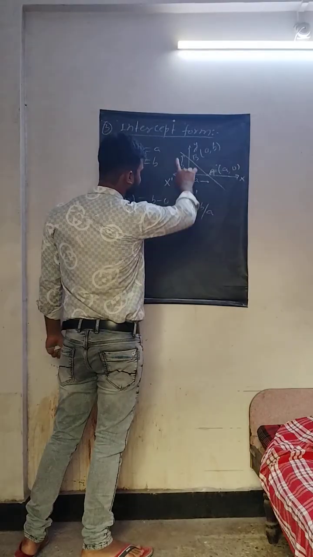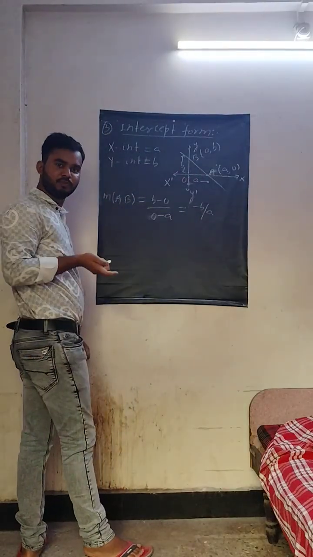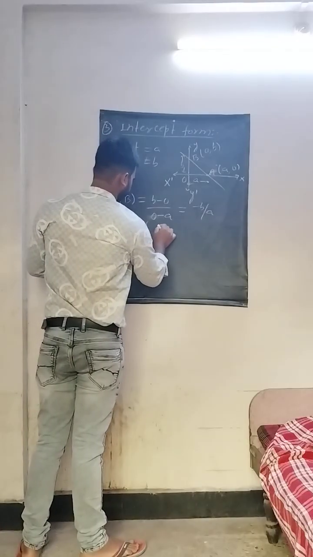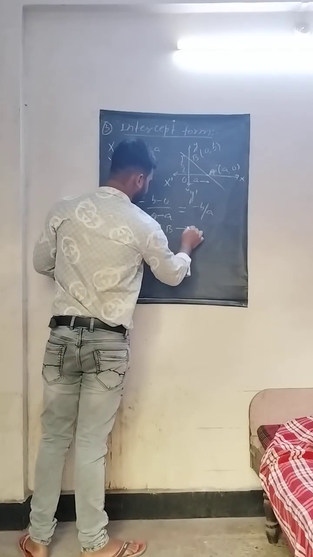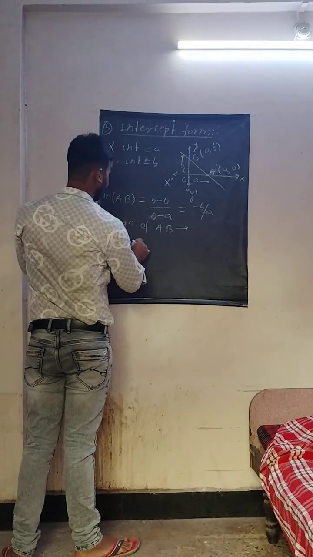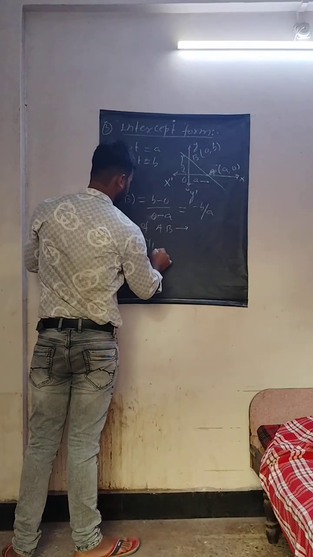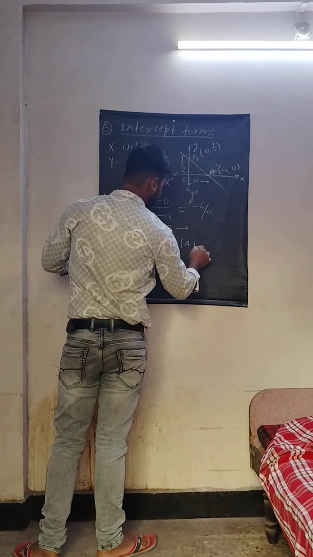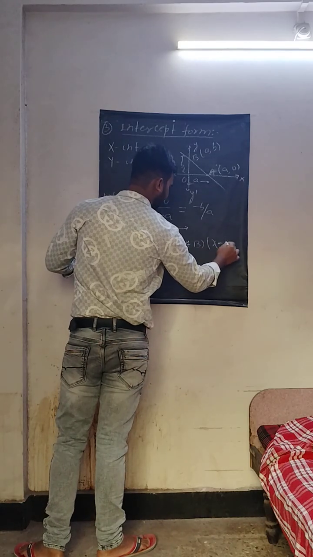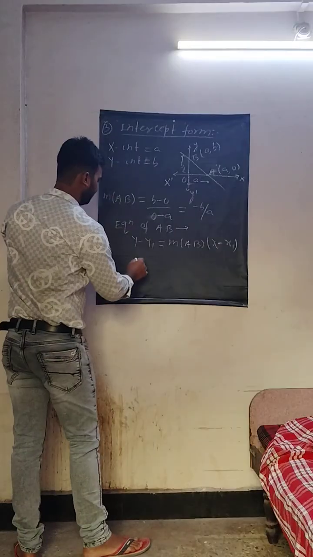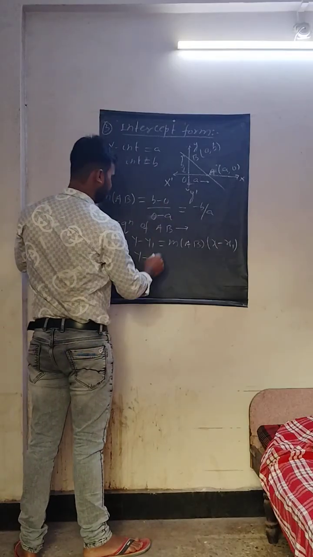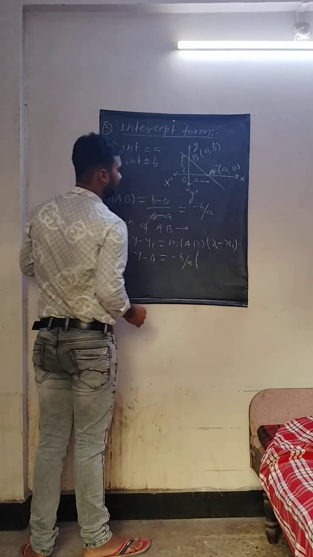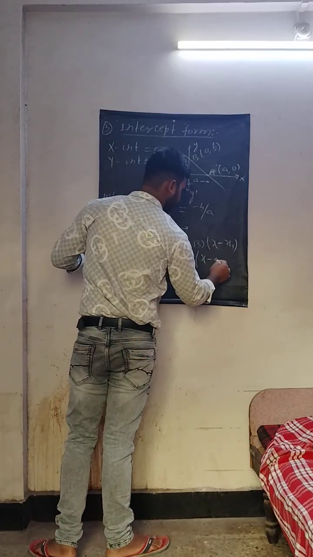I can find the equation of line AB by using two point form. The equation of AB is y minus y1 is equal to m of AB into (x minus x1). Y minus 0 is equal to minus b upon a into (x minus a).